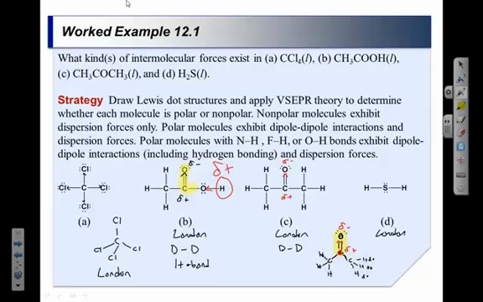What about D? Well, in D, it's not really shown with the correct geometry because the sulfur, being a tetrahedral electron group geometry, is going to create a bent molecular geometry. And there is a small electronegativity difference between sulfur's 2.5 and the hydrogen's 2.1. So that small electronegativity difference is going to create some opposite charges on opposite ends.